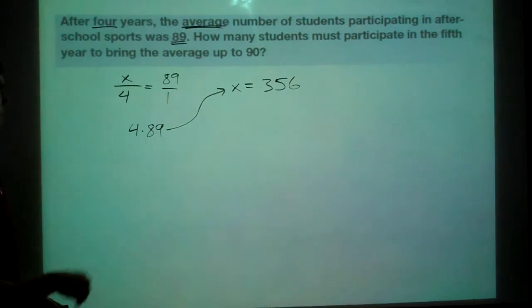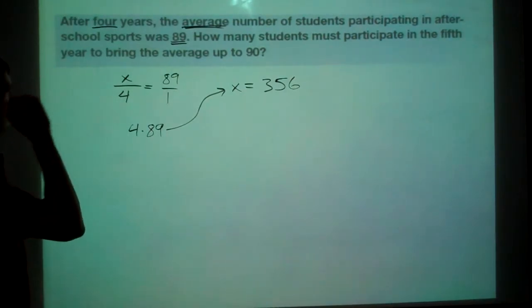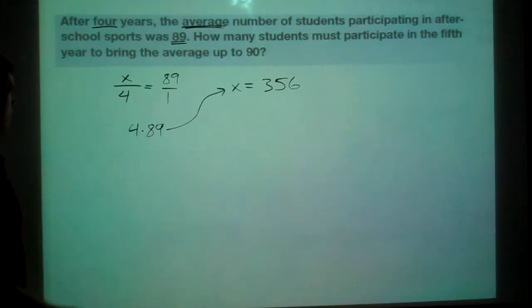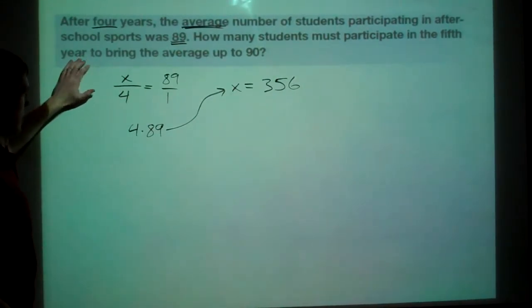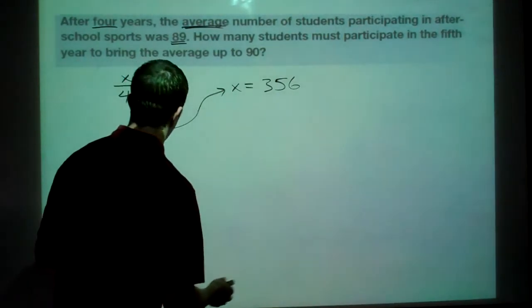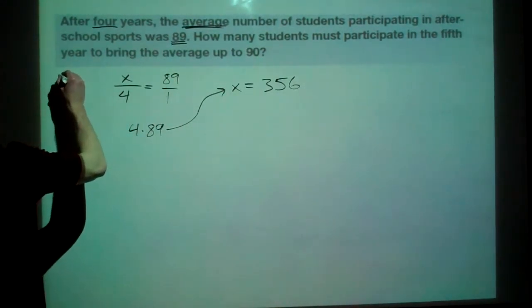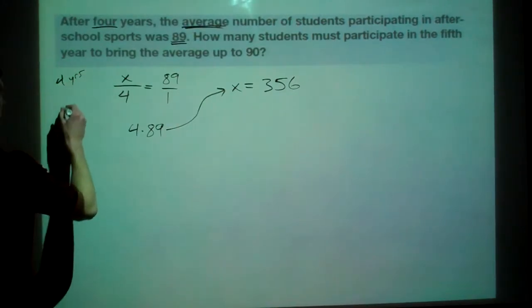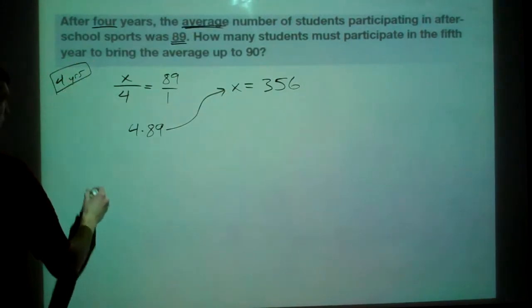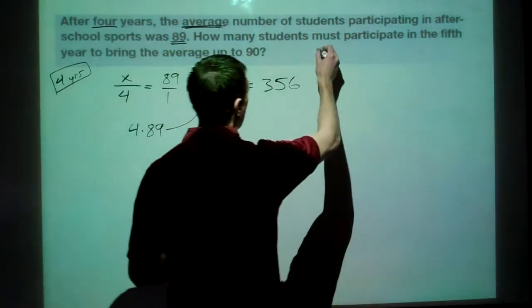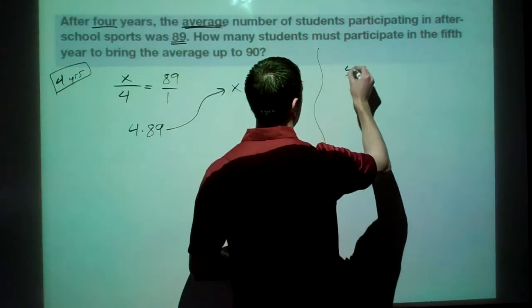What we need then is we're going to add on a 5th year. So we need the average to be 90. So we're going to look at another scenario. So this is 4 years. And then we need 5 years.